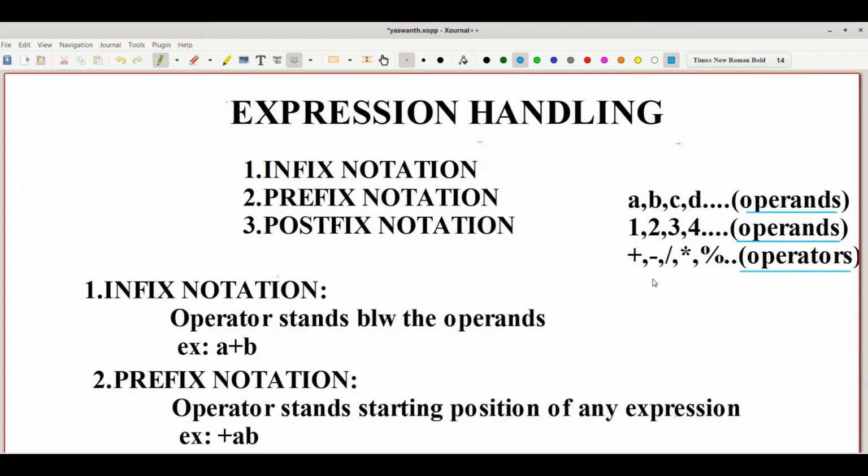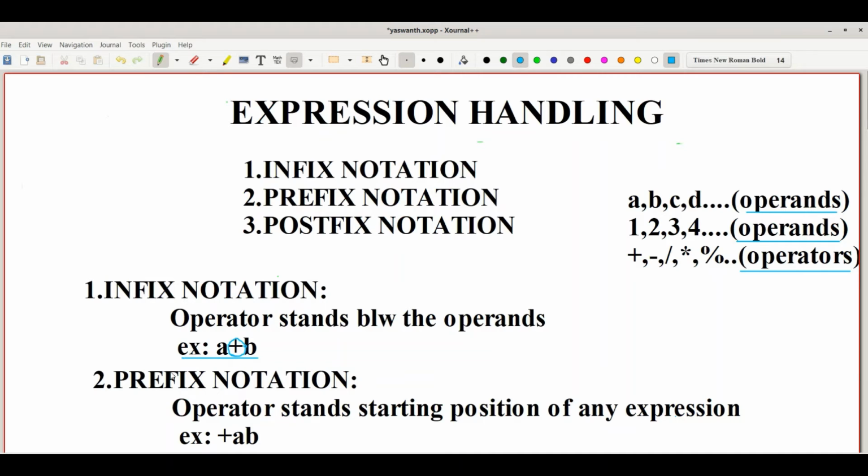These are also known as special characters. Okay, now see infix notation. What is meant by infix notation? The operator stands between the operands, which means here plus is an operator, where A and B are the operands. So the plus is in between the operands, so it is known as infix notation.